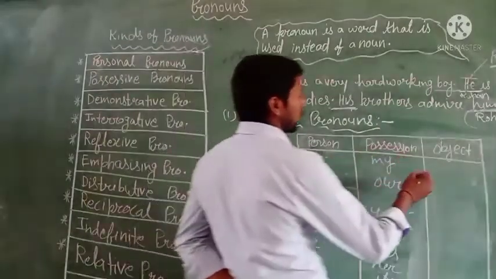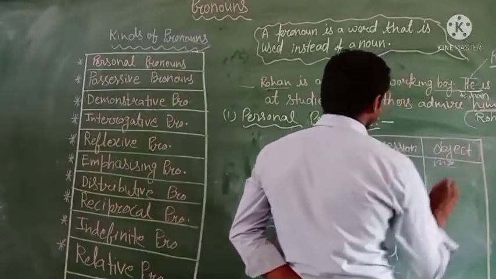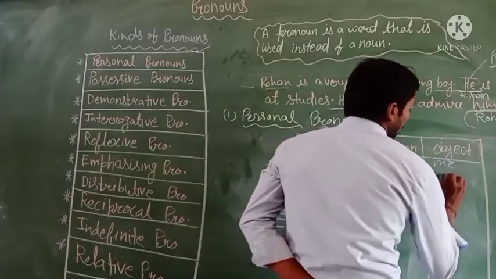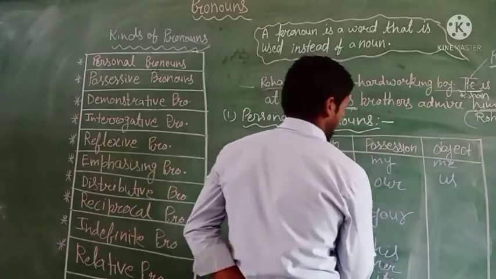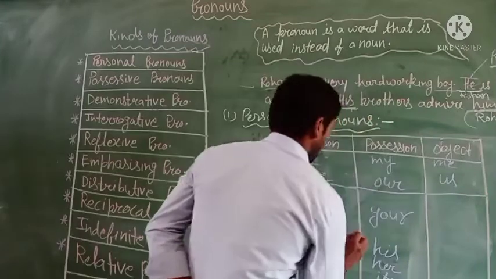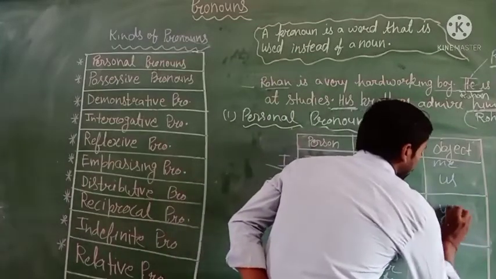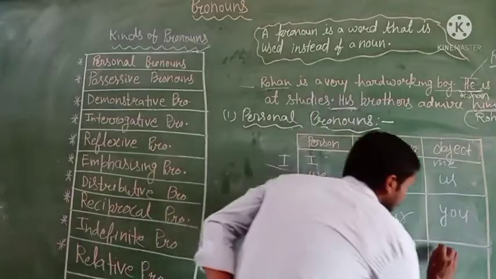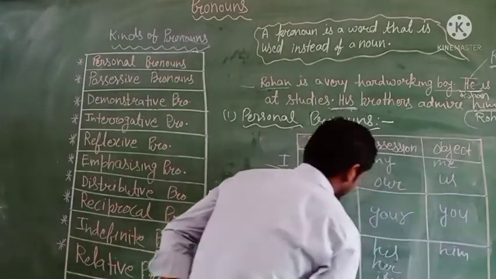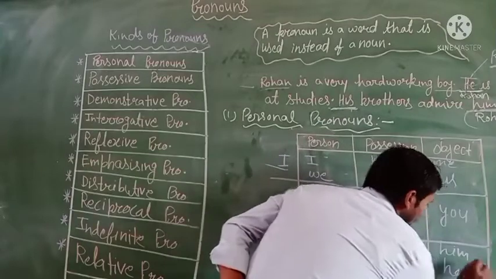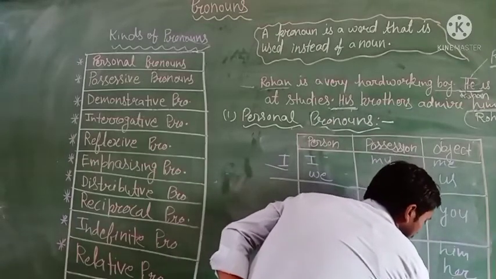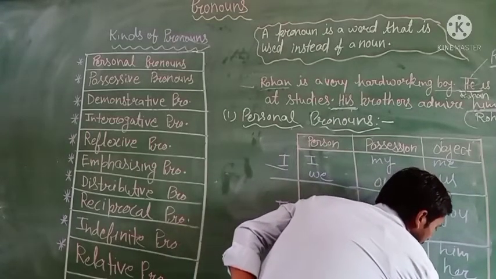And its object: "I" will be "me", "we" will be "us", and "you" will be "you", "he" will be "him", "she" will be "her", "it" will be "it" and "they" will be "them".